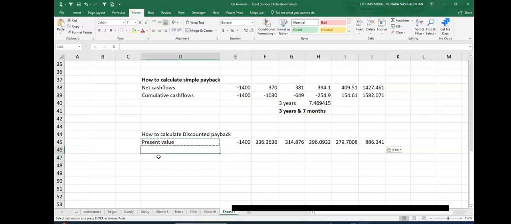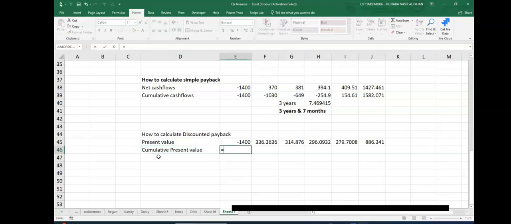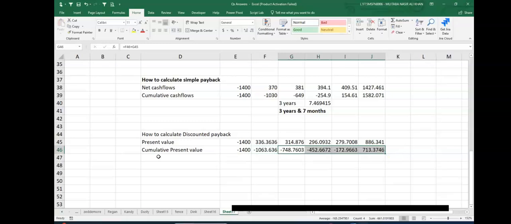Now write cumulative present value. Take the first cash flow as it is, then last negative plus the next cash flow. Copy into the next cells. Take the last negative.